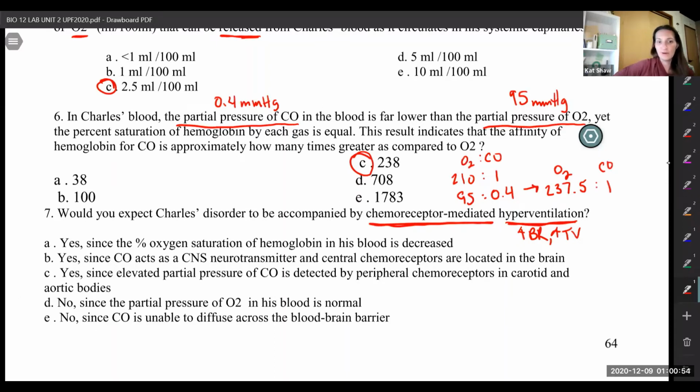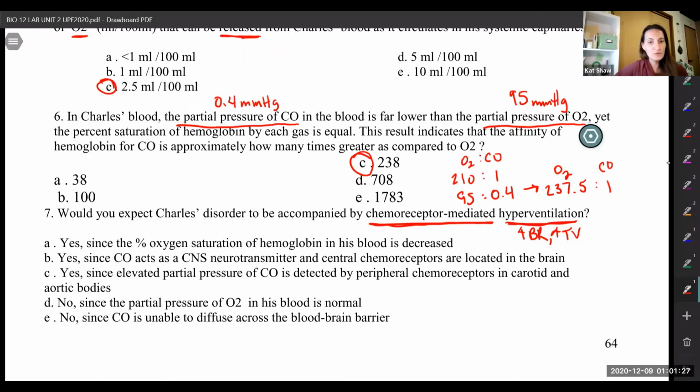And then for the hydrogen ion concentration detected by levels of CO2, the greater the partial pressure of CO2, the more likely we're going to see that hyperventilation occur. Keep in mind, the primary signal that causes changes in ventilation is the partial pressure of CO2. Partial pressure of oxygen is secondary to that.